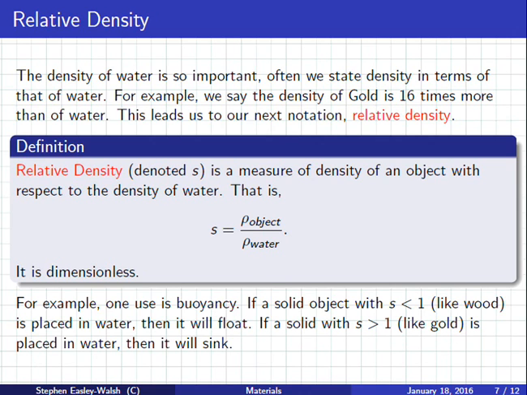Okay, so this is something with low density. Some materials have a low density. Helium, for example, has a density of only 0.179 kilograms per meter cubed. So that means if you have a meter cubed of helium, it only has a mass of 179 grams.